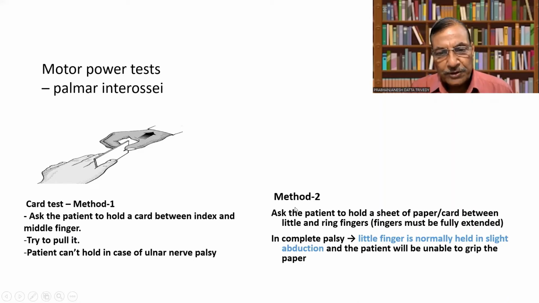Method two is to ask the patient to hold a sheet of paper or card between the little and ring finger, while the fingers must be fully extended. In complete palsy, the little finger is normally held in abduction and the patient will be unable to grip the card at all.